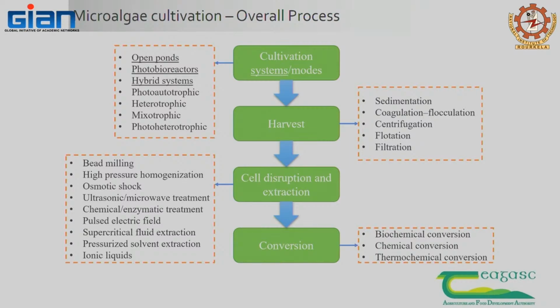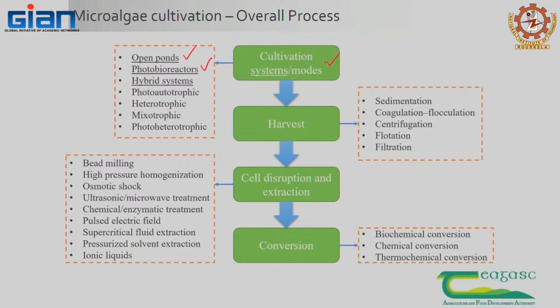So, what is the overall process? One is the open pond system, similar to aquaculture or duckweed. Then photobioreactors. Photobioreactor looks like a complicated word, but basically it is a reactor tube having a solution. You have something to purge air in it if it needs air.